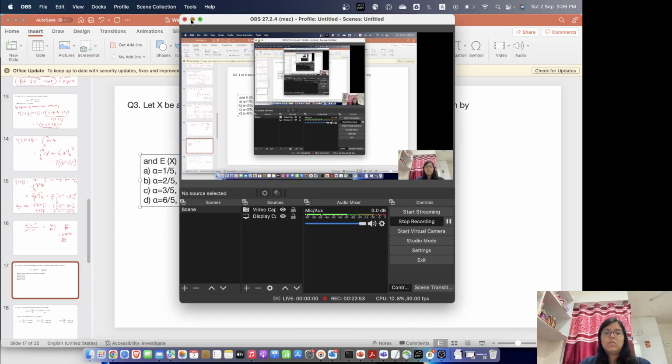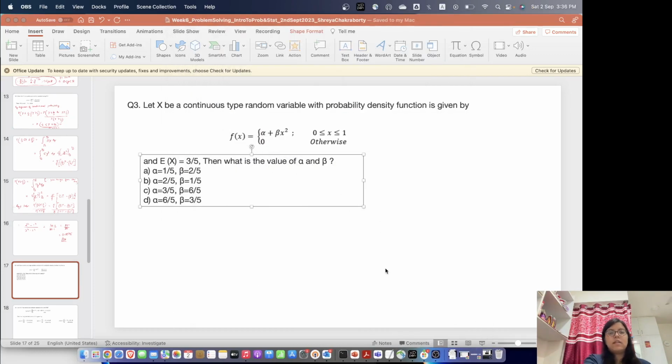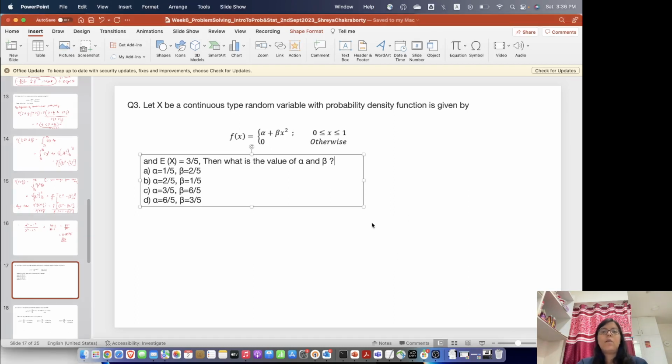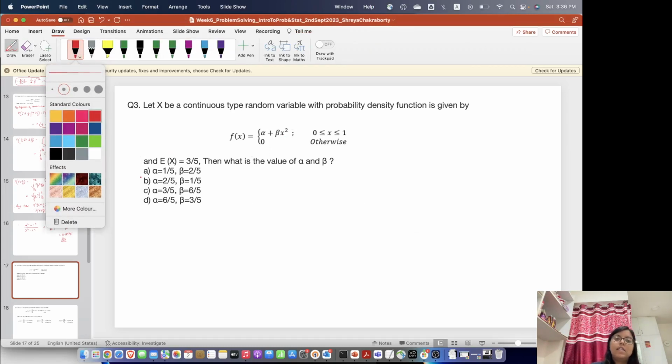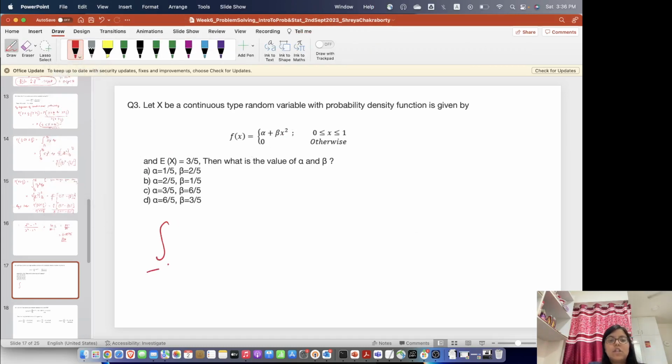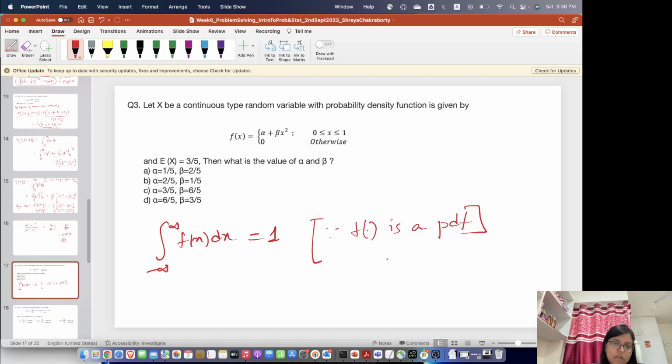So the first thing is, given that this is a probability density function, the integral from minus infinity to infinity of f(x) dx should be equal to 1, since f is a probability density function.